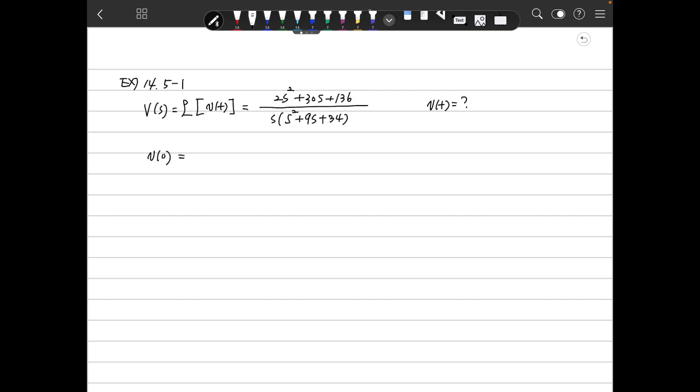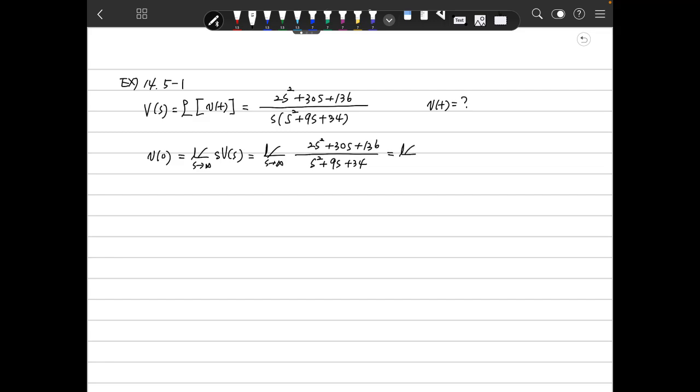How can we do that? The limit as s goes to infinity of sV(s). So the limit as s goes to infinity of s times (s squared plus 9s plus 34) over (2s squared plus 30s plus 136).